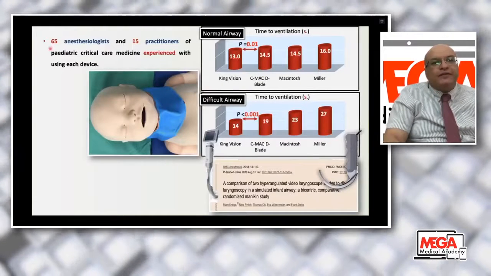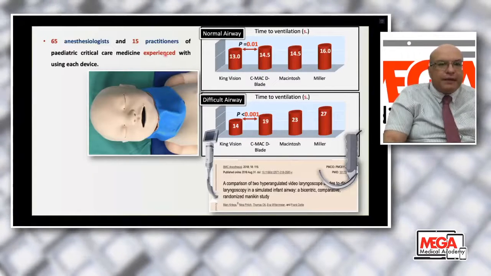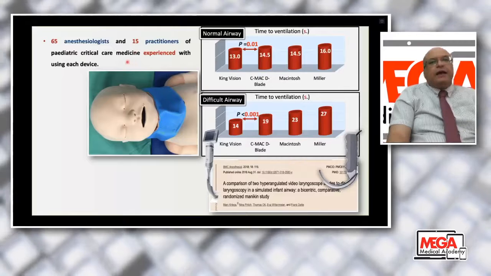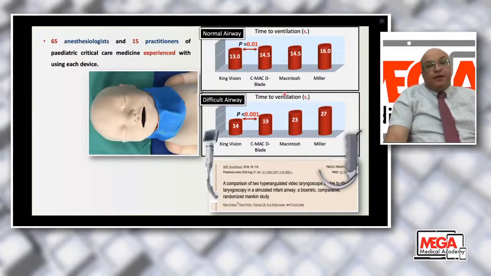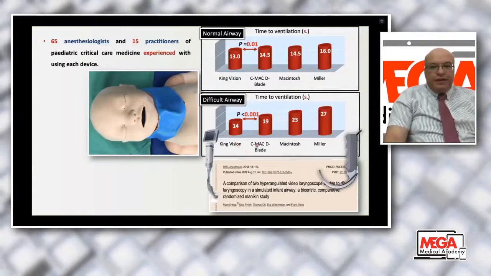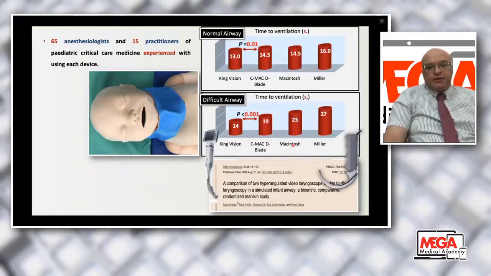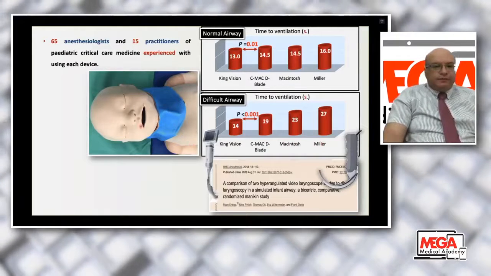This study included 65 anesthesiologists and 15 practitioners in pediatric critical care medicine. They are experienced with using each device. They compared King Vision, D-blade of C-MAC from Storz, and conventional curved Macintosh and straight Miller.